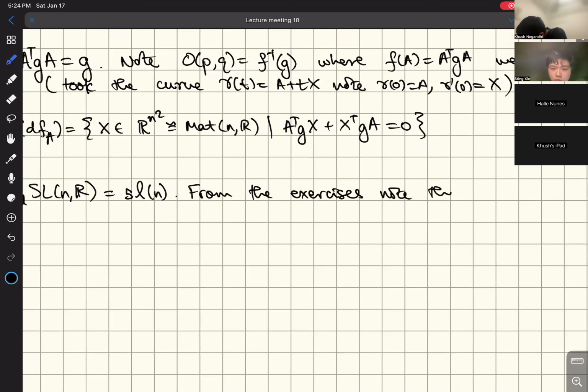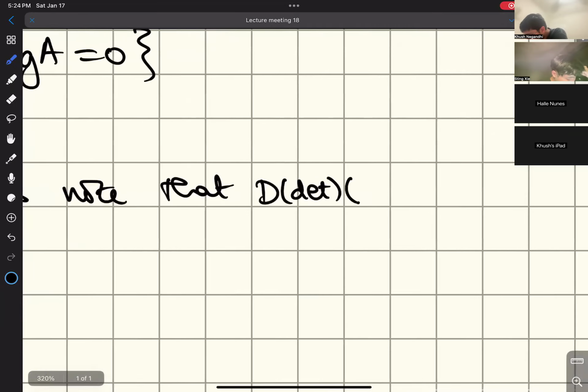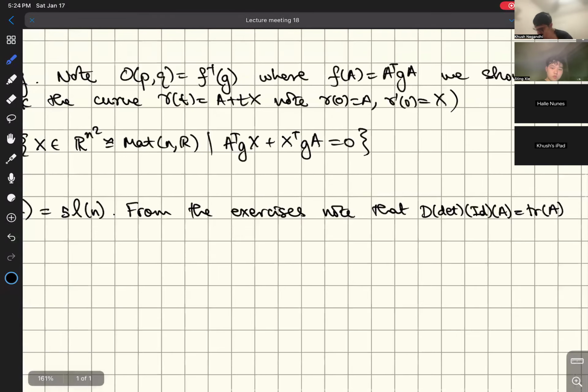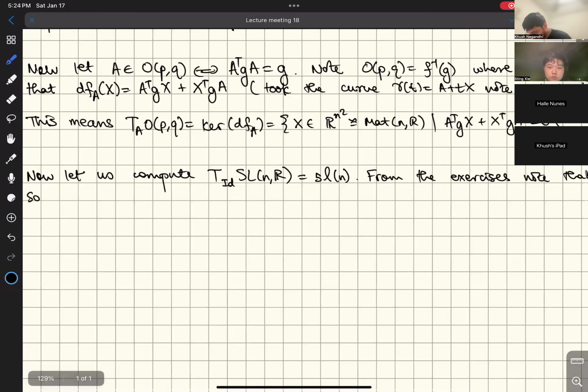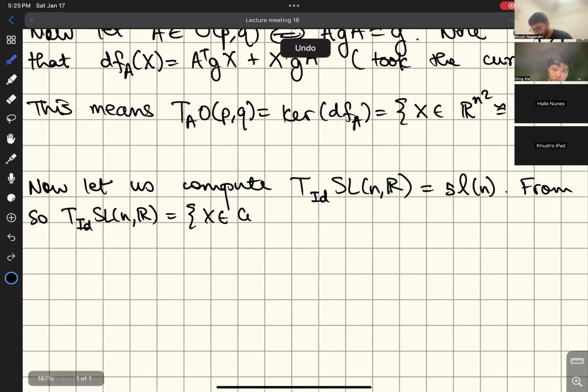Note that the derivative of the determinant function at identity of a point A is nothing but the trace of A. And I outline the proof of this in the problem sheet. So this means the tangent space at identity of SLNR is just the set of X in R^(n squared) such that the trace of X is 0.